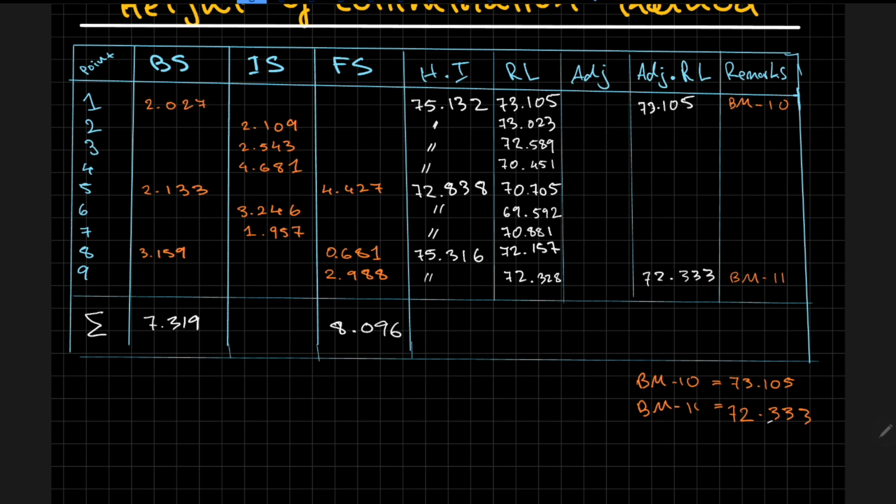Now our misclose is equal to the calculated RL minus the known RL.